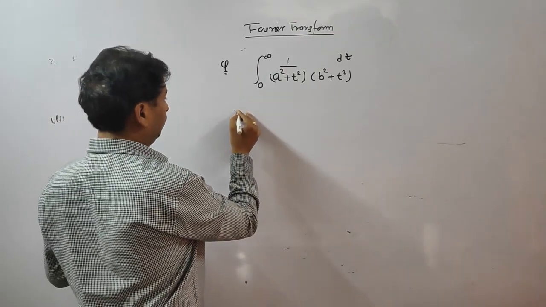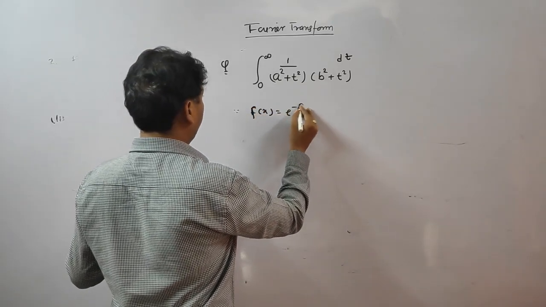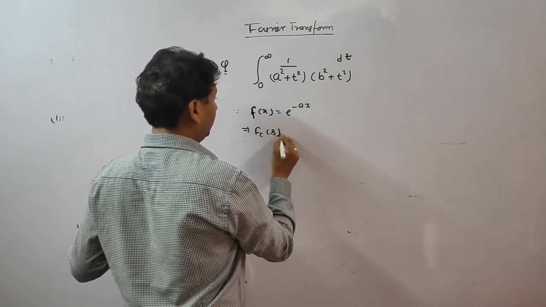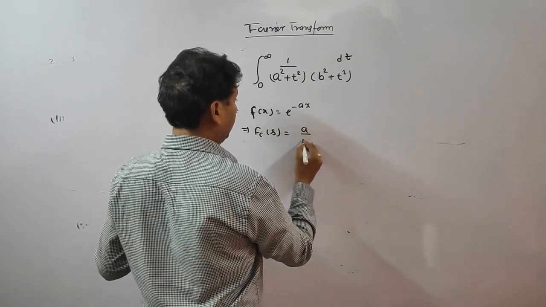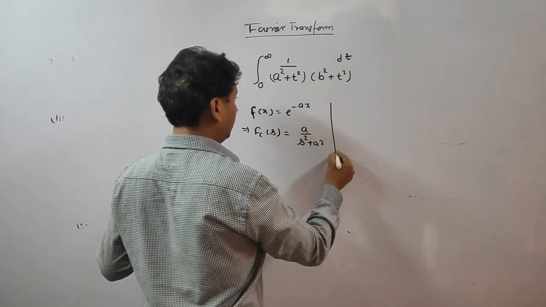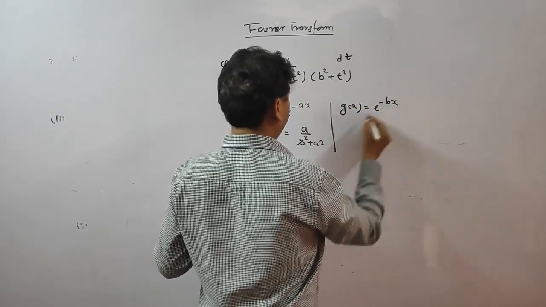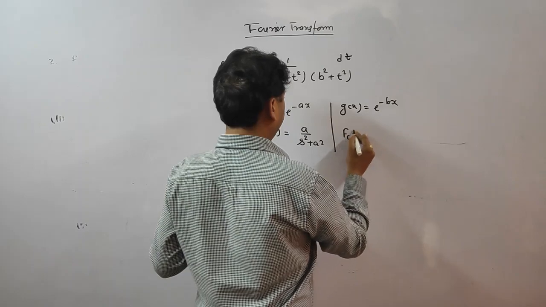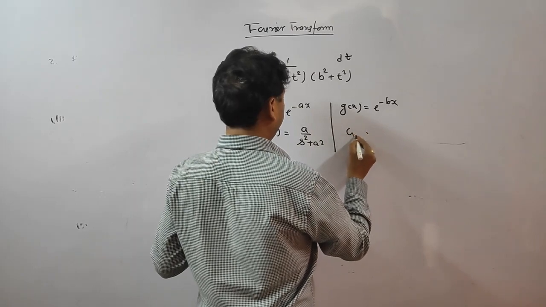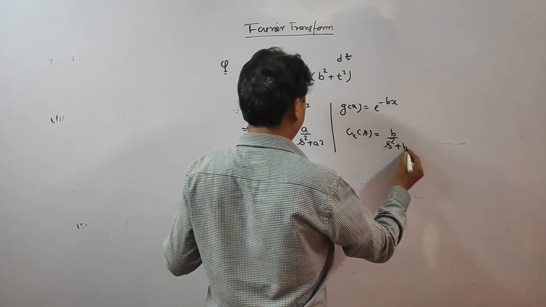So my friends, if f(x) is e to the power minus ax, then its Fourier cosine transform is a upon s square plus a square. This you can do easily. Similarly, if g(x) is e to the power minus bx, then its Fourier cosine transform of g(x), we can write, Gc(s) is b upon s square plus b square.